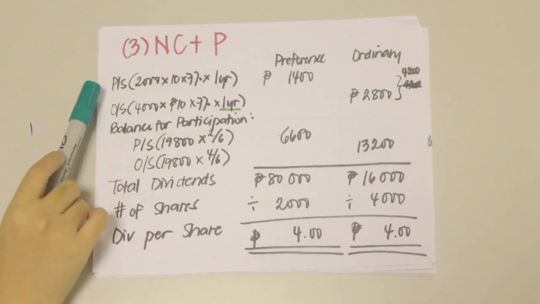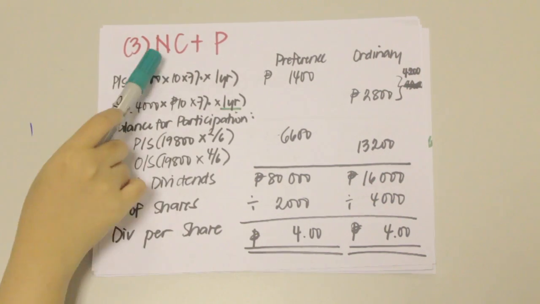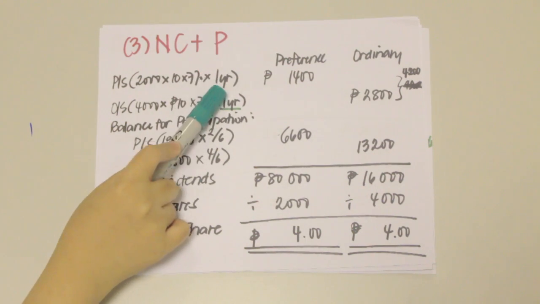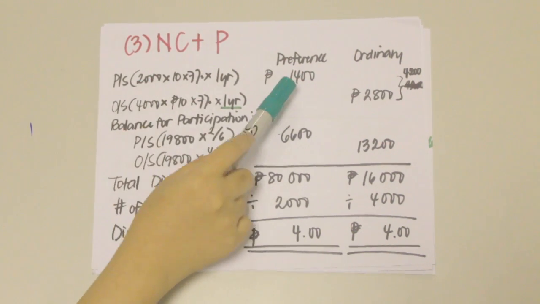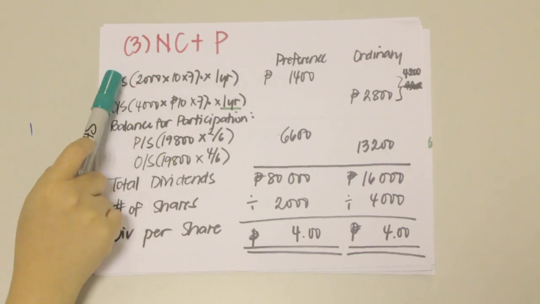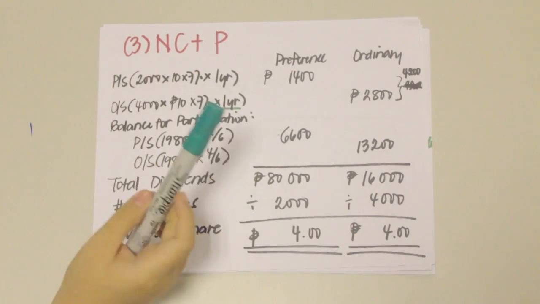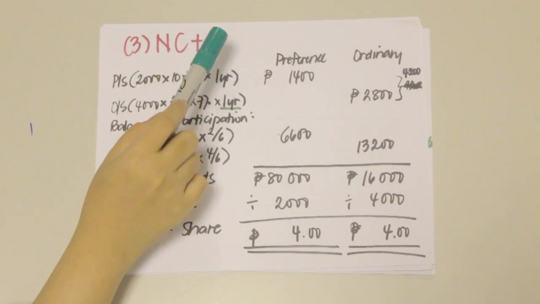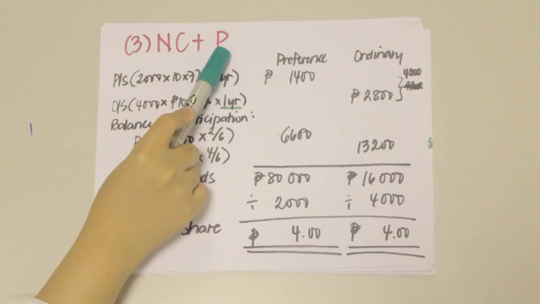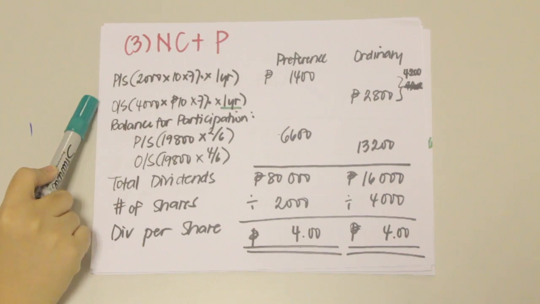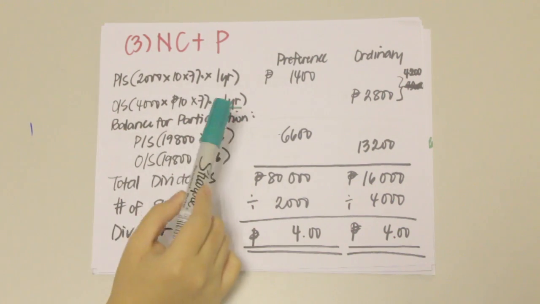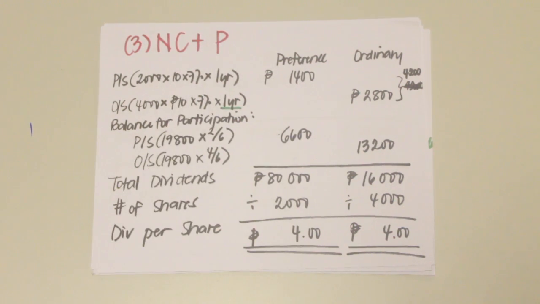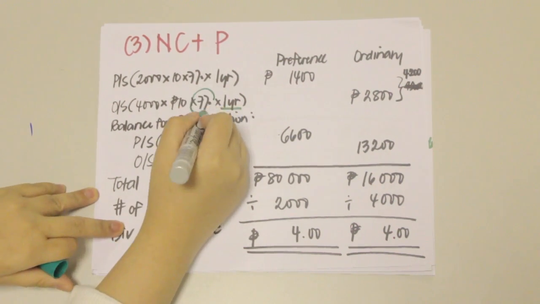Again, you need to provide 1 year's worth of dividends for your preference shares. That's 1,400 as we have computed earlier since it's non-cumulative. And then since the preference shares are participating, we need to provide 1 year's worth of dividends to ordinary shareholders using the same rate of your preference shares, which is 7%.